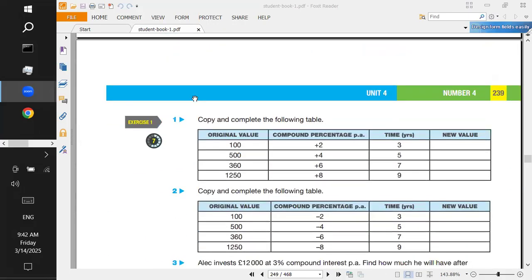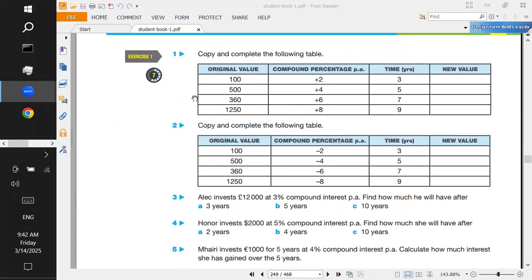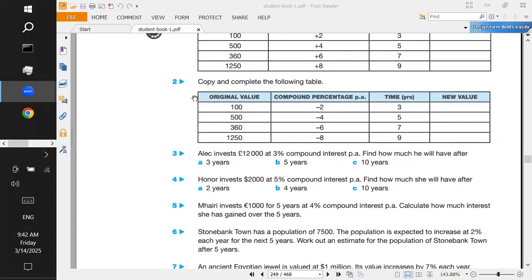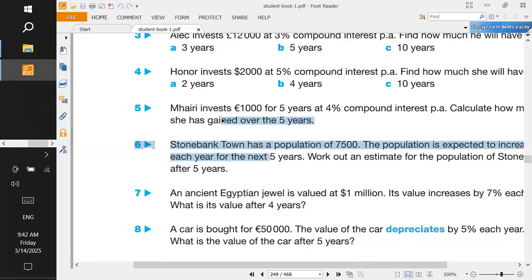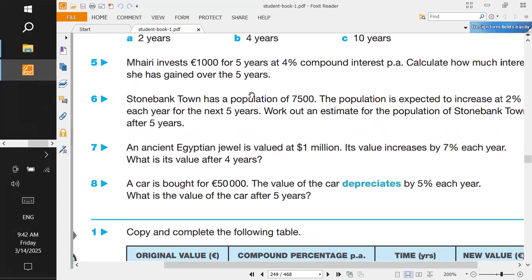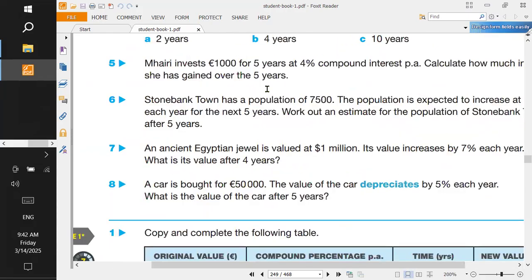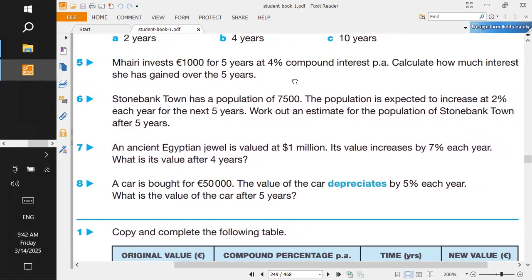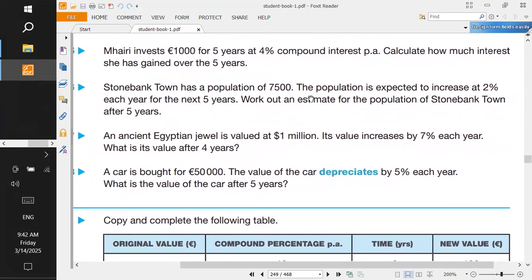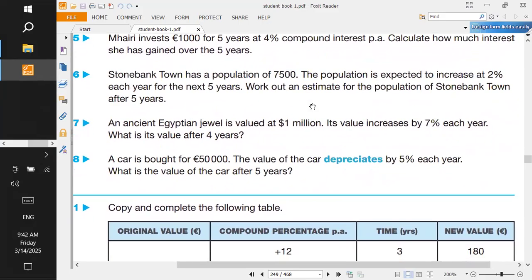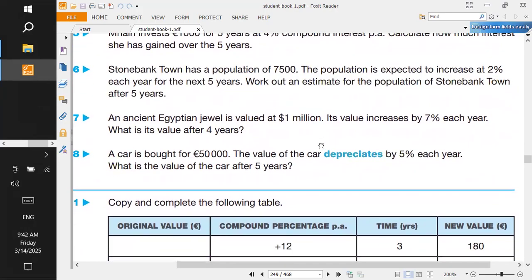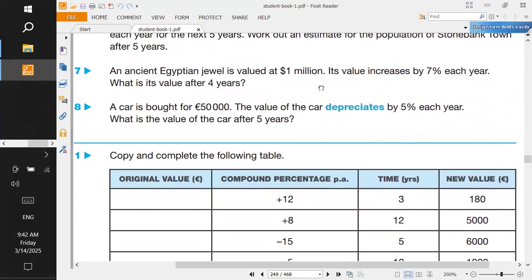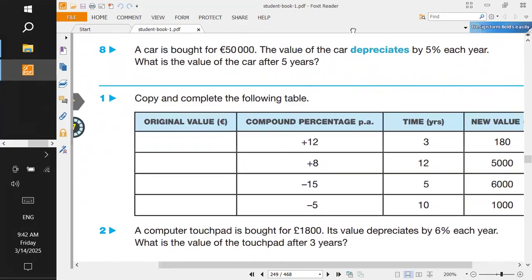Let's take a question here. Okay. Let's take one of these questions here. Let's take question 5. Let's take question 8.